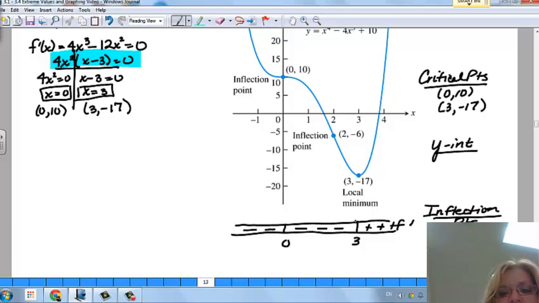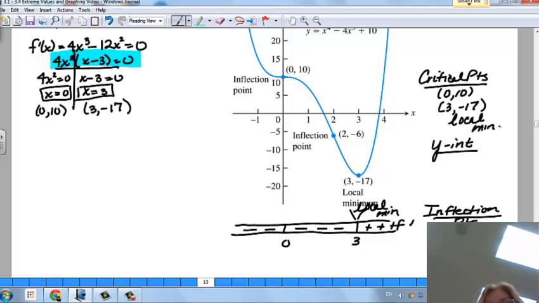So the only max or min that we have in this case is a local min right here at 3, negative 17. I just did the first derivative test. So here at 3, negative 17, we're going to call this a local min. 0, 10 is a critical point, but it's not a min or a max.